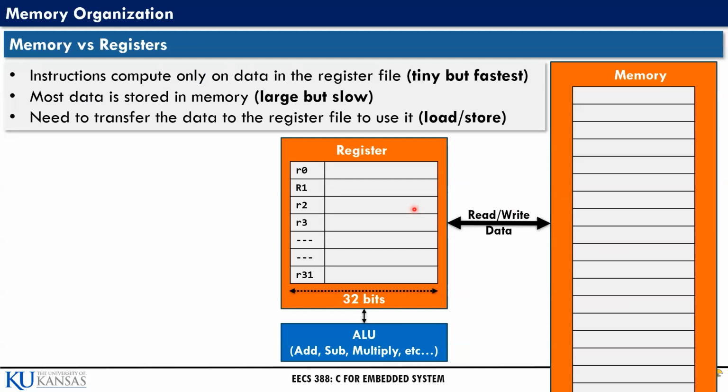So now you can ask yourself why we need a very tiny register memory, and why we are using the large memory that is also slow. Why can't we use just one memory and run the instructions, right?